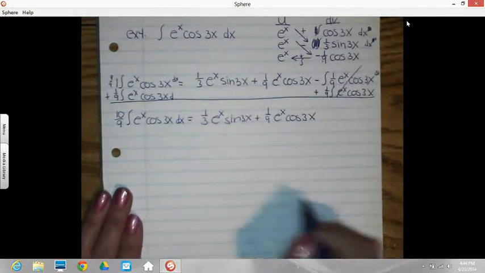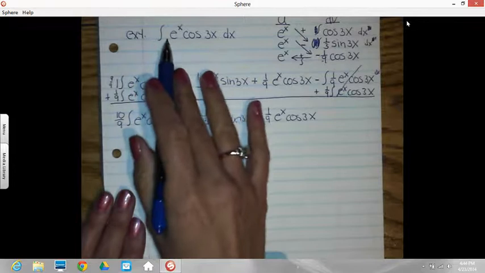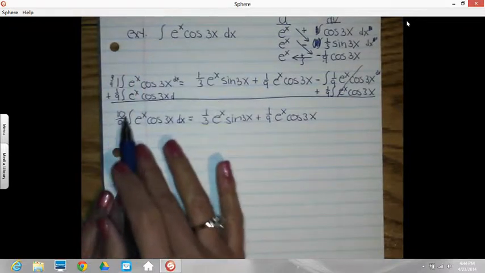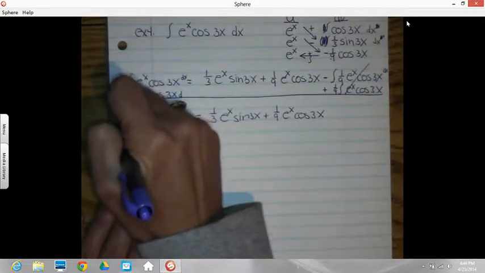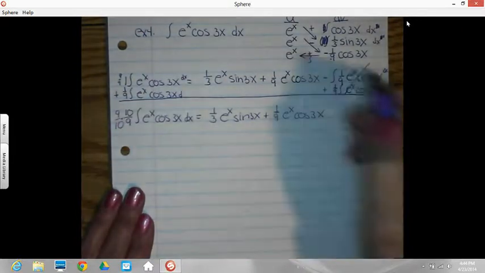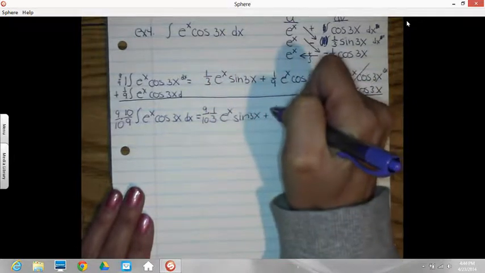Okay, well, I didn't want to know what 10/9 of that integral was. I wanted to know what just the integral was. So now I've just got to get rid of the 10/9, and I can do that simply by multiplying by the reciprocal, 9/10. And I got to do that to both sides of the equation. So times 9/10, times 9/10.